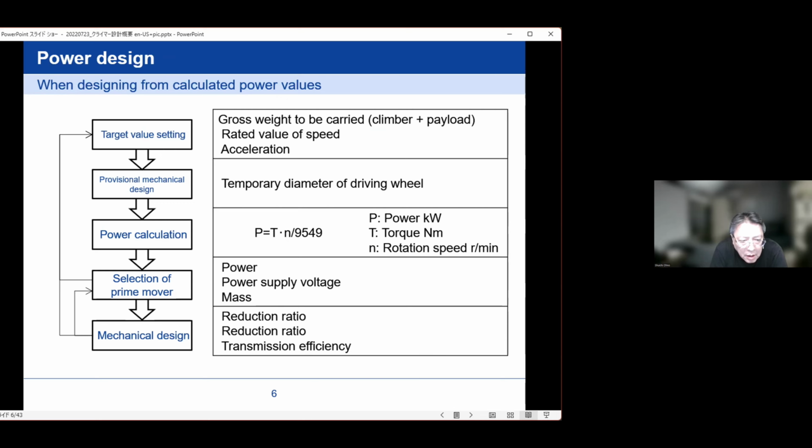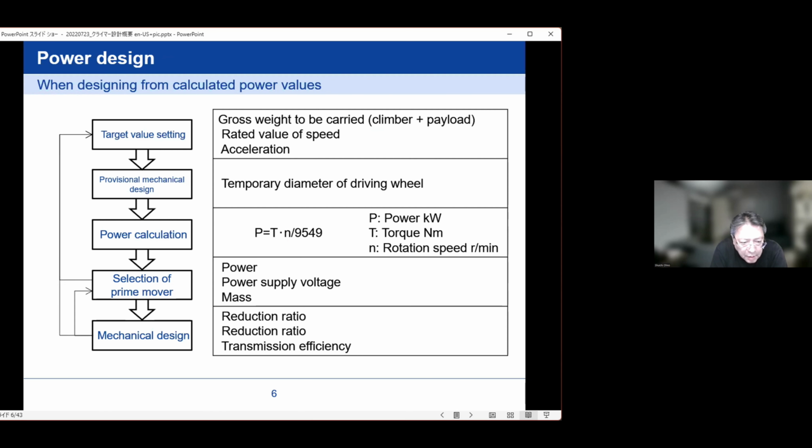Then set the lifting speed and the acceleration. Next, as a tentative design, we tentatively determine the diameter of the wheel. To calculate the power, we use this formula.